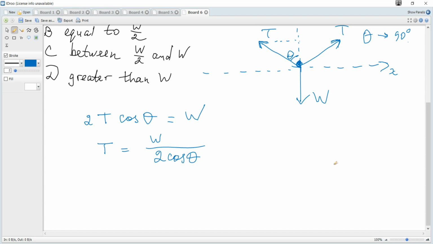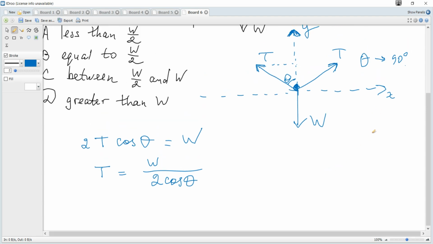But cosine, it's near 90, for example 85 degrees or something like that. And what is the value of cosine when it tends to 90? Unit circle, 0 degrees, 90 degrees, cosine it's what, x coordinate. So when theta tends to 90, cosine tends to 0.